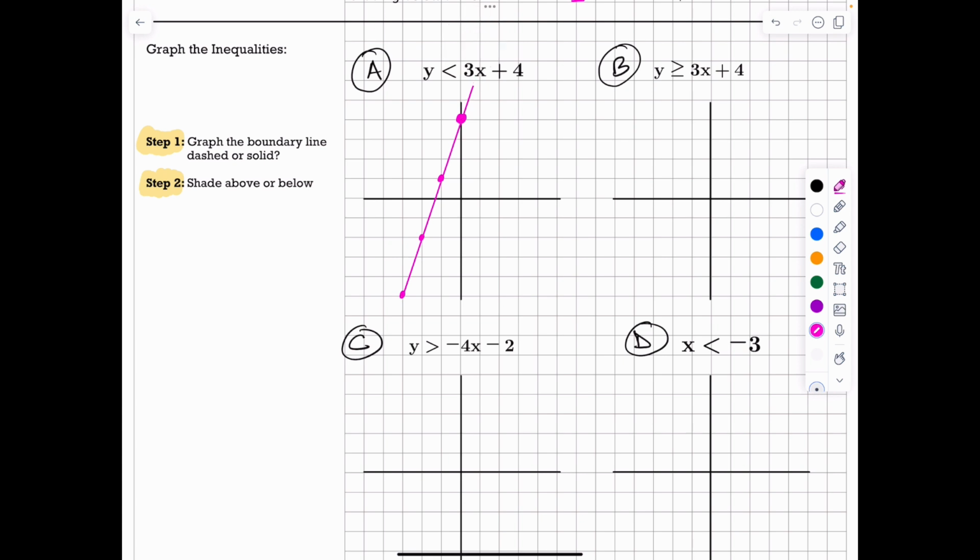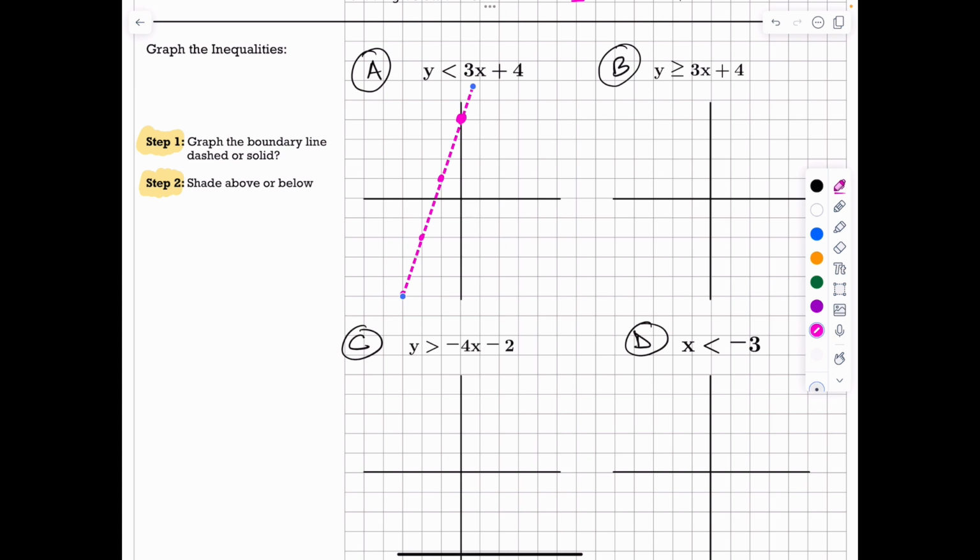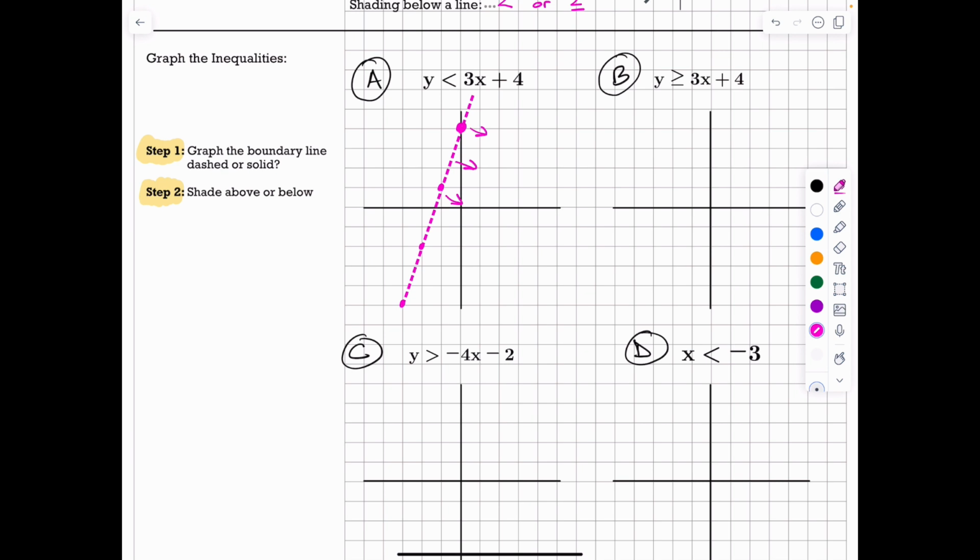Dashed or solid? Pretty clear this one's going to be dashed. I'm going to make it thicker, change it to dashed. And then above or below? Well, it's less than, so I need to go below. Just a reminder, shade below.